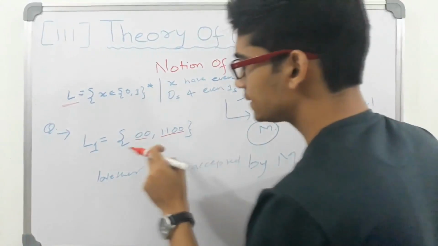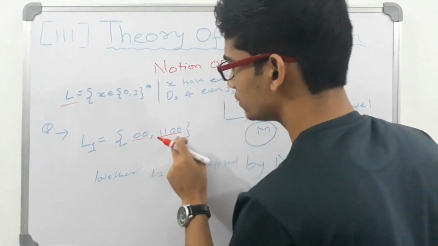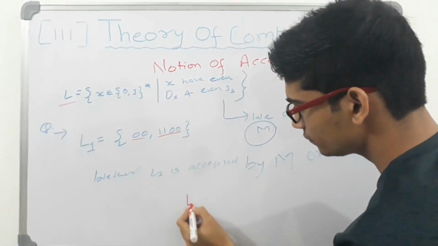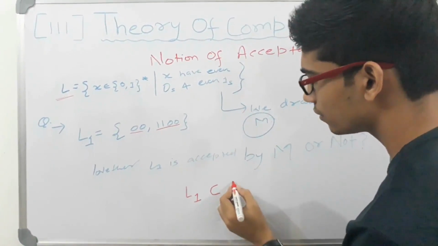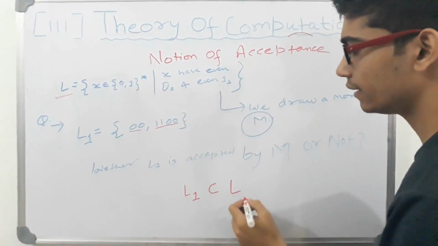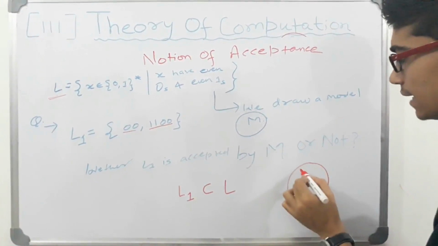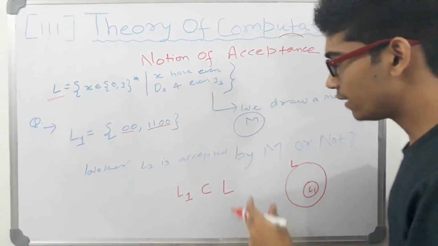Now when I say this, L1 is having 0 0 1 1 0 0. So basically L1 is actually a subset of L, isn't it? Suppose this is L, so L1 is somewhat like this. And what is M?